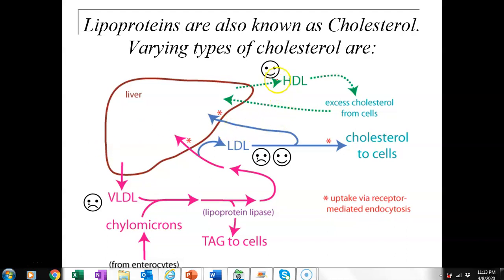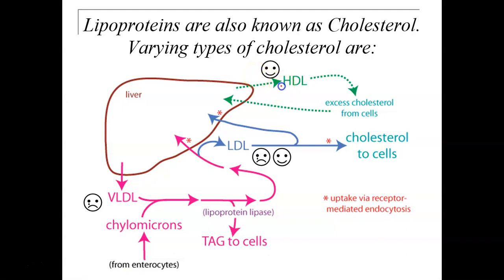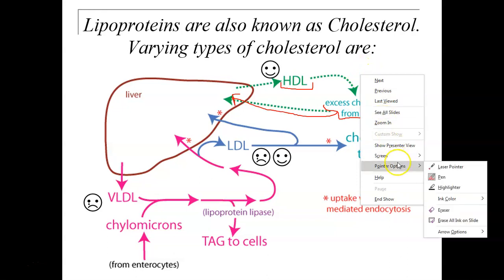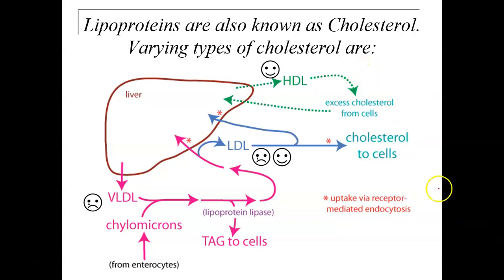We'll go up here, and I put it in a really nice smiley face. What we see, HDL, high density lipoproteins. This essentially is a scavenger. It takes excess cholesterol from cells and drives it back to the liver. That's literally what HDL does. You can't really have too much HDL; the higher HDL, the better.